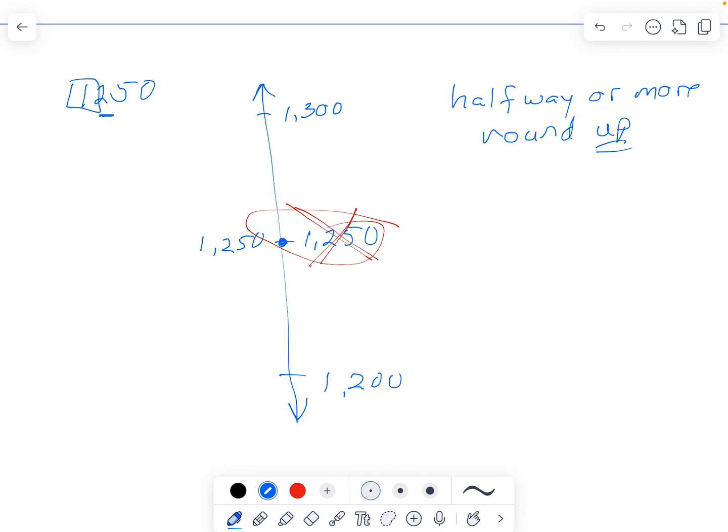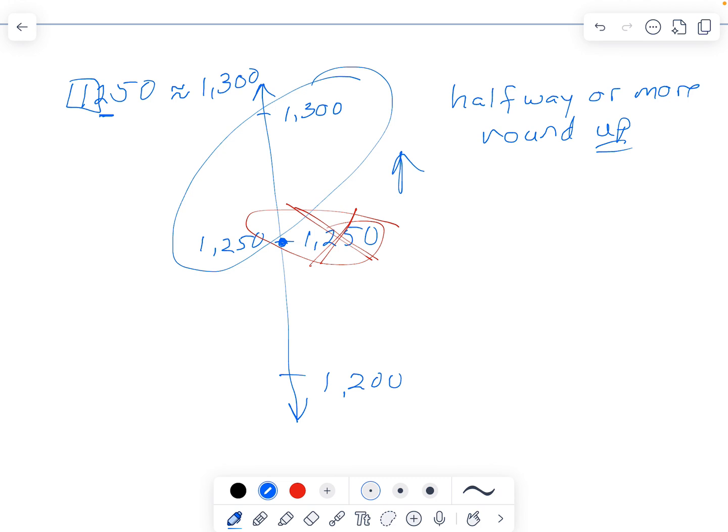We are going to round up, which means that we are rounding to 1,300. So 1,250 is approximately 1,300 rounded to the nearest hundred.